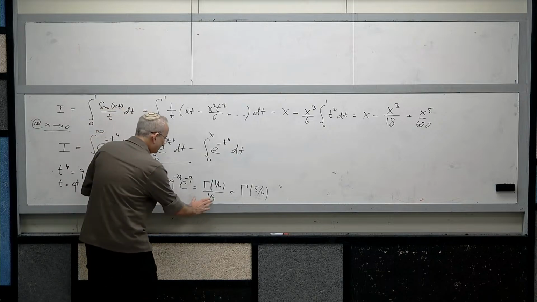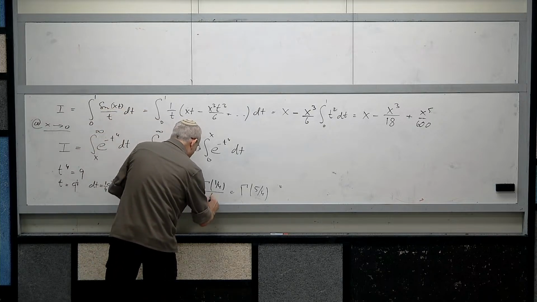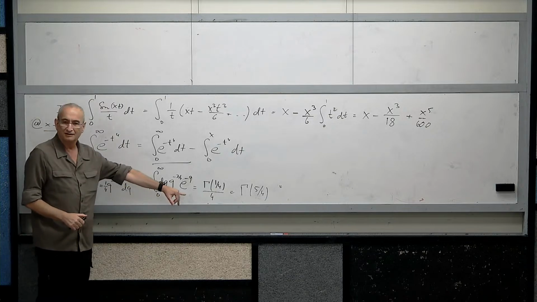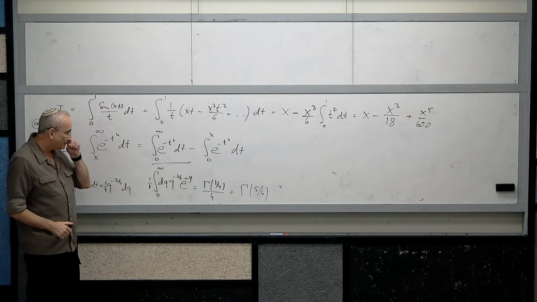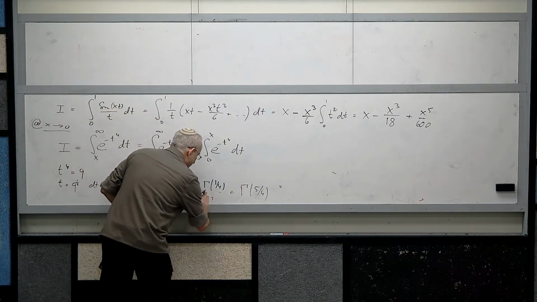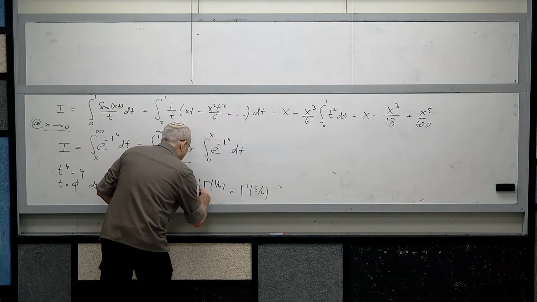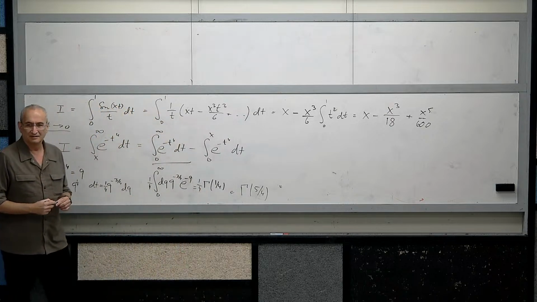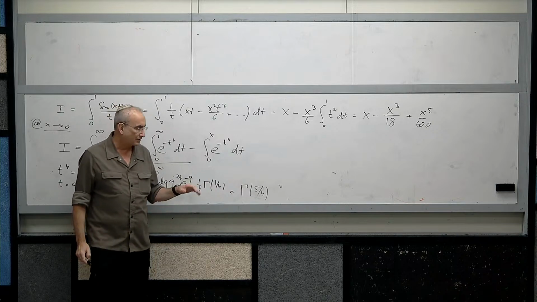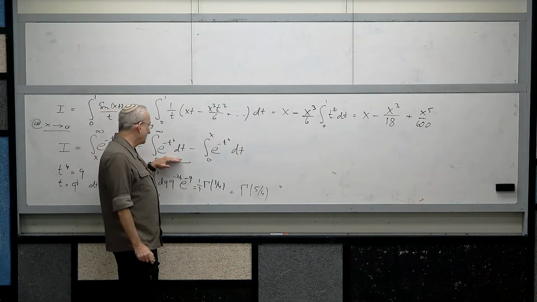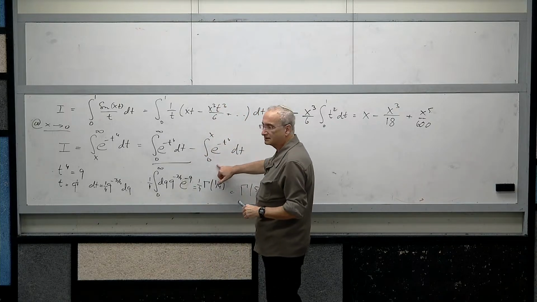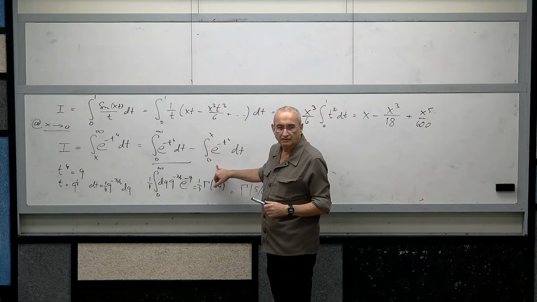Wait, no. Over 4, not over 1/4. I have 1/4 here, right? So it's over 4. So it's more transparently this. And that's gamma of 5/4. Okay. So I'm done with that, and I have only to estimate this when x goes to 0.